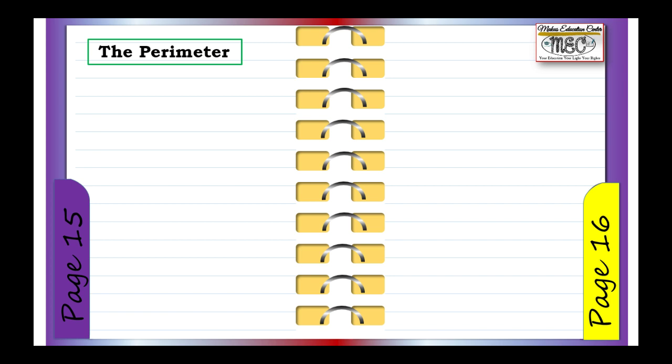So the perimeter of a shape is the distance around the shape.